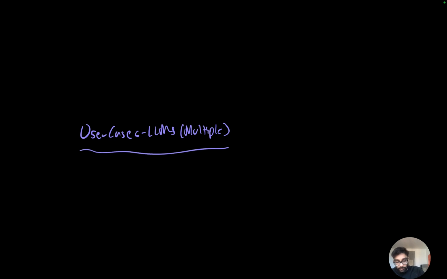Before we get to SageMaker, what I did want to talk about is use cases where you might need multiple LLMs, things that I've seen in the field for when this happens. So for multiple LLMs in a single use case, maybe you have a Q&A chatbot, and then with that chatbot, you might have an audio-based large language model.